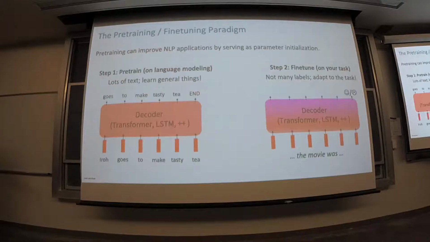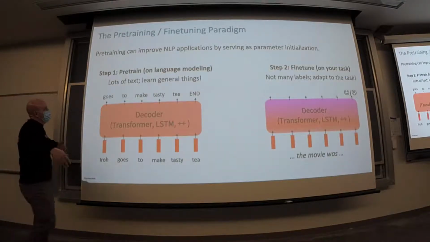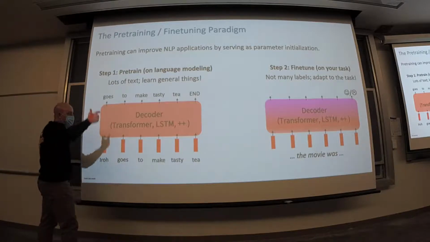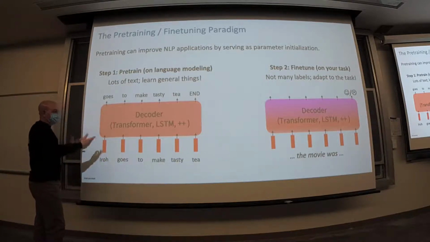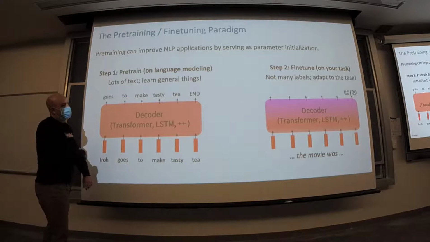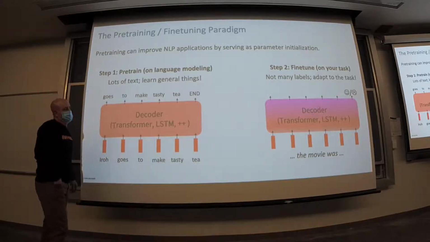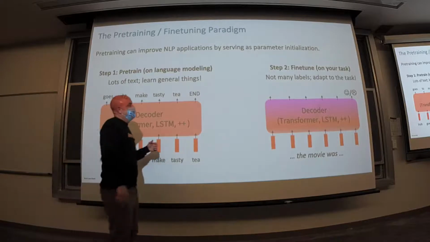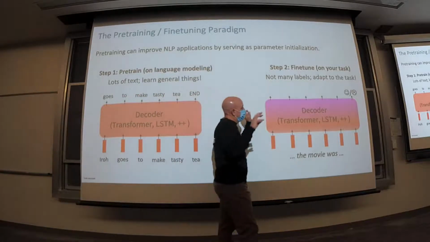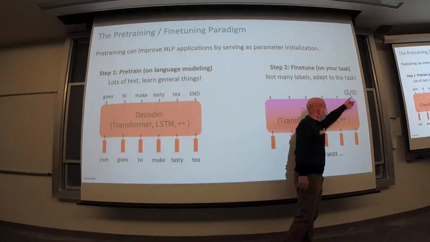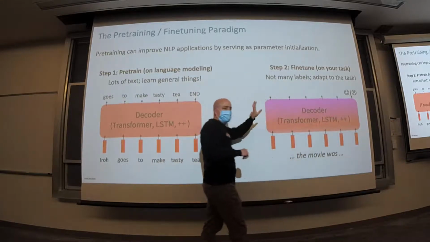And then what we do is this process of fine-tuning on the tasks that we care about. So we're going to do this pre-training, learn the distribution of our language in some way, and then, for example, we might take the decoder from our transformer, we'll talk about this in just a second, and fine-tune it so that it can do something like sentiment analysis.